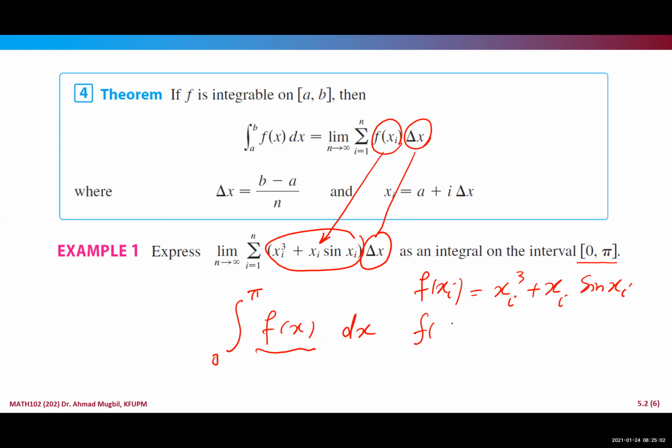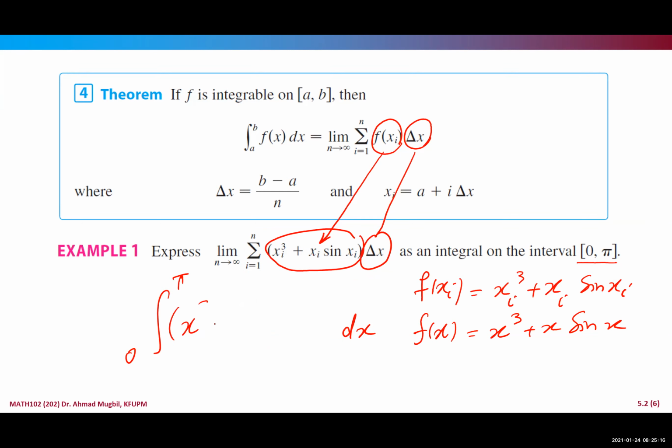This means that f of x is x to the power 3 plus x times sine x. Just put this here and you have your integral. So this is the integral of x cubed plus x sine x dx. It is very easy.